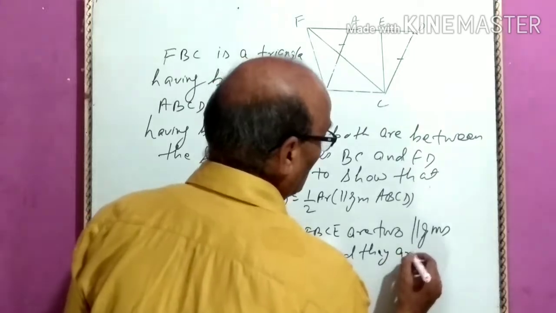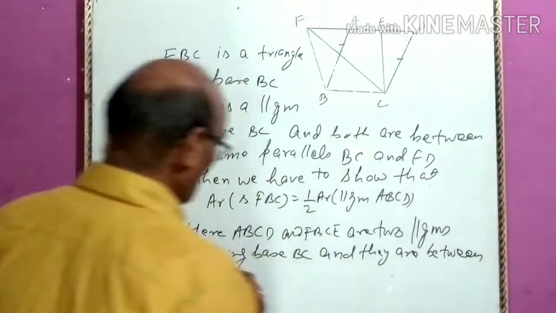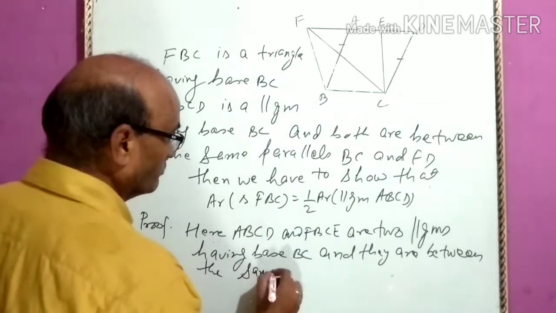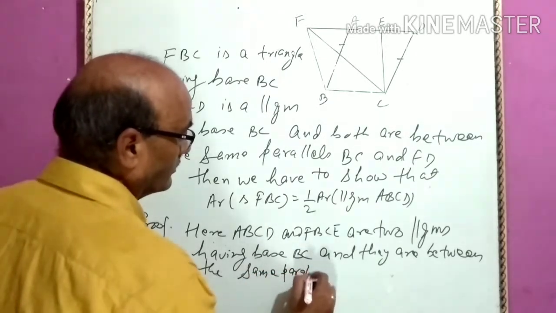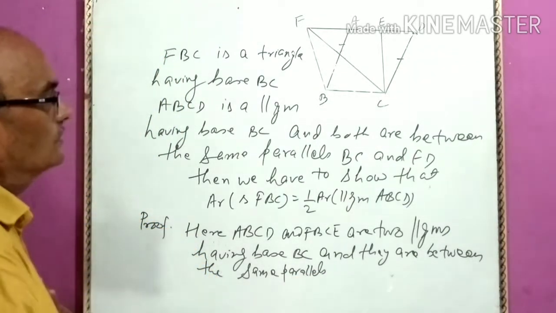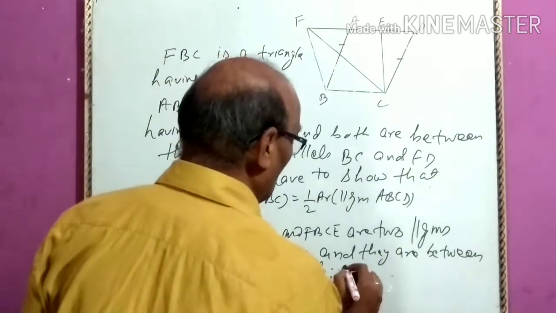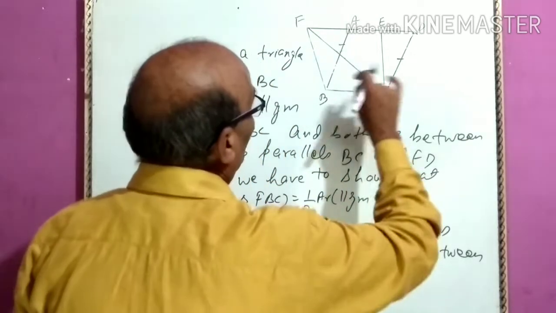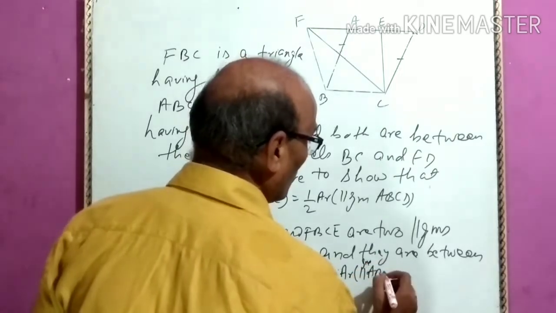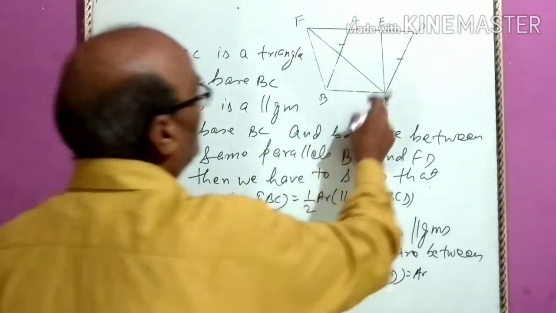So just according to the theorem we have proved area of parallelogram ABCD is equal to area of parallelogram FBCE.